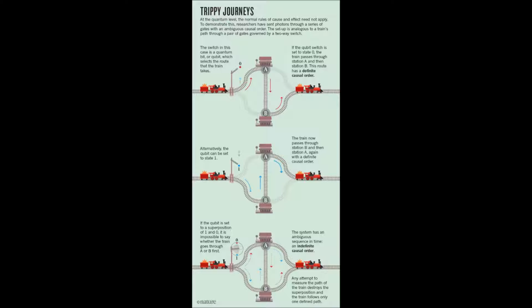It's an indefinite causal order. So basically what that means is that it doesn't necessarily need to go through one and then two. It doesn't matter which one it actually goes through first.